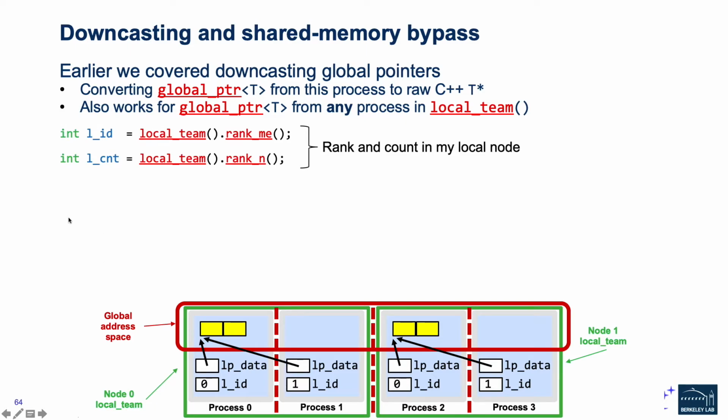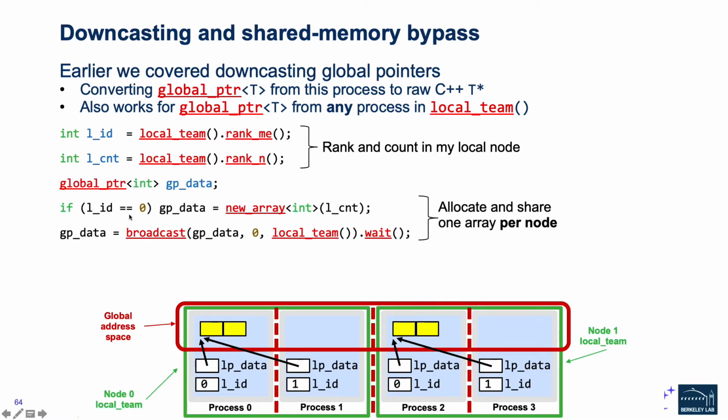The first thing we need to do is obtain the rank number and the rank count for our local team. In this case, we have two processes in each of the two local teams. Process 0 has rank 0 in its local team, process 1 has rank 1 in its local team, process 2 has rank 0 in its local team, and process 3 has rank 1.